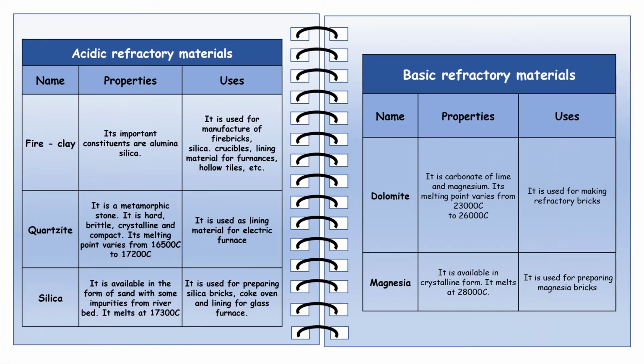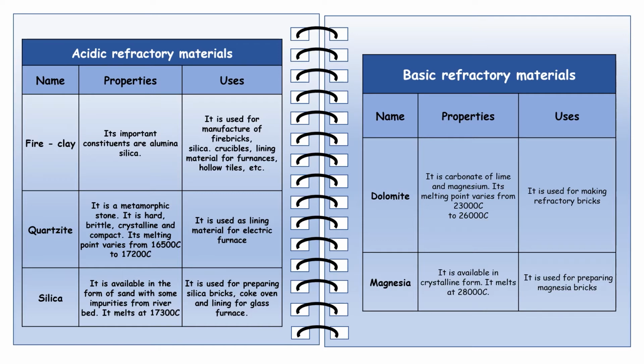Acidic refractory materials. Name: fire clay. Properties: its important constituents are alumina and silica. Uses: it is used for manufacture of fabrics, silica, crucibles, lining material for furnaces, hollow tiles, etc. Quartzite.